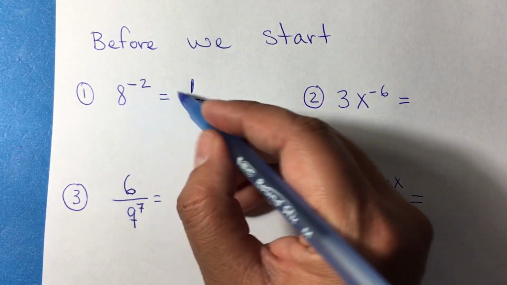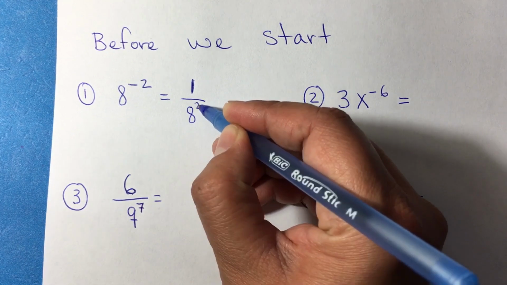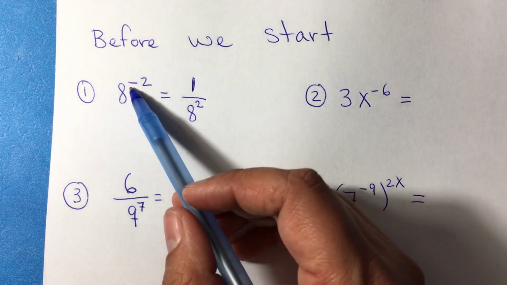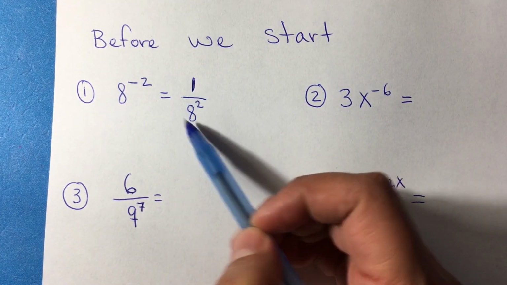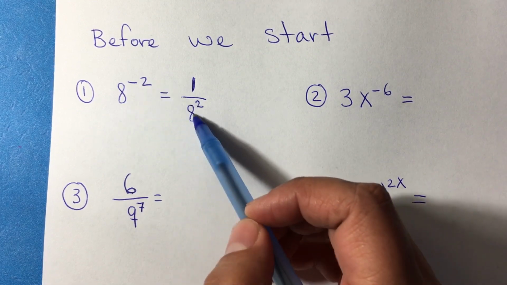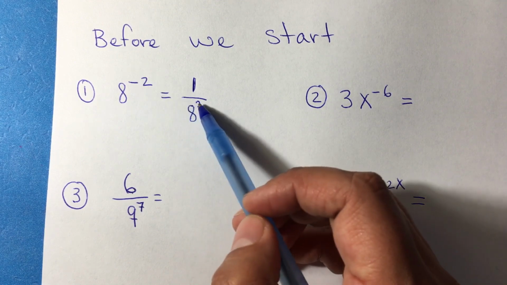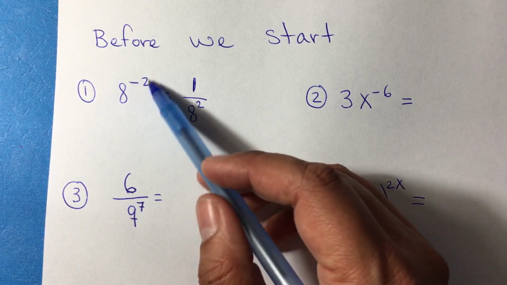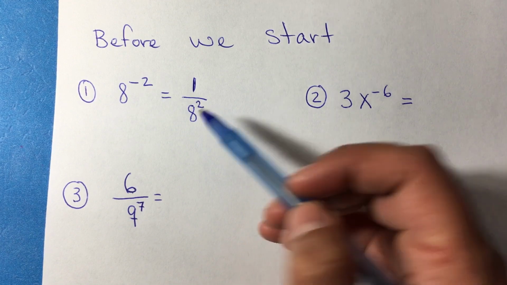Okay, so this will become 1 over a to the positive 2 or positive second power. Again, all we do is send it to the denominator and put a 1 on the top. And by sending it to the denominator, negative becomes a positive, but it only affects the exponent. Okay, only the exponent changes to a positive.